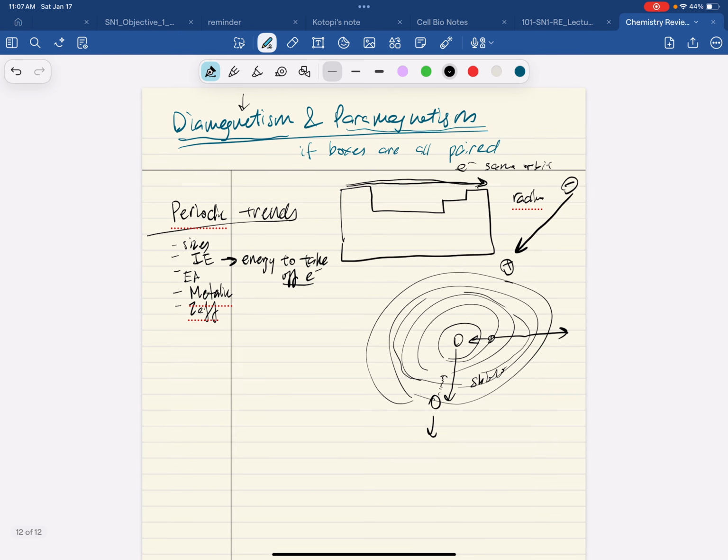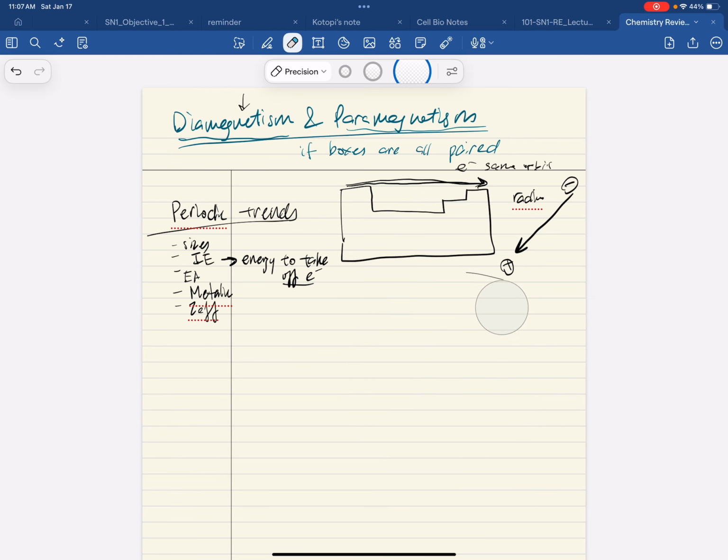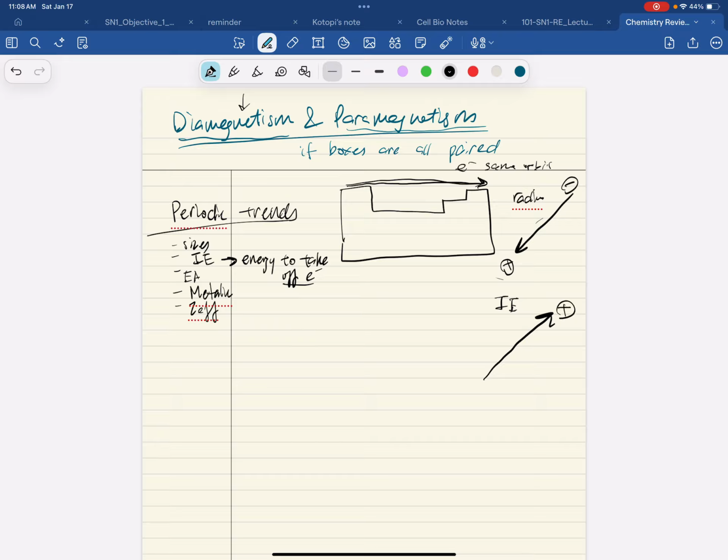So it is an opposite trend to the radius. The trend of the radius is going down to the left. The ionization energy, the energy required to remove an electron, is that way: higher on the right top and lowest on the left bottom. So it's easiest to take off with lower ionization energy, and this is hard to take off, which makes sense because noble gases should be harder to take off.